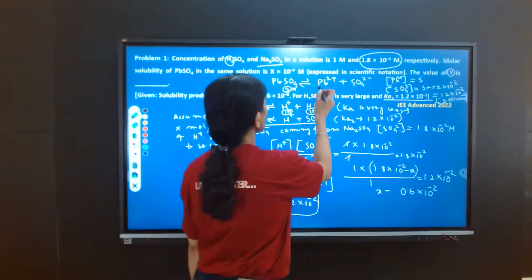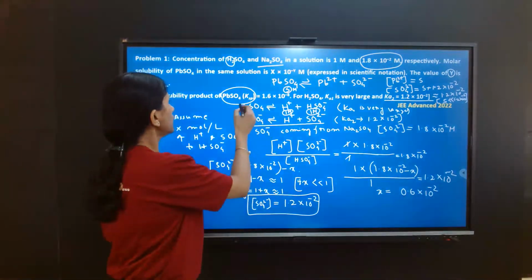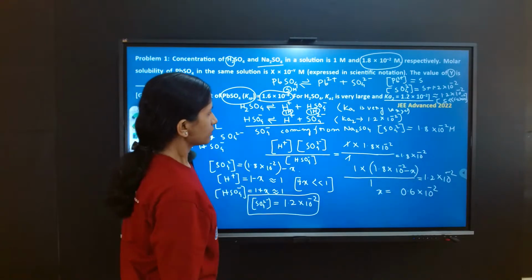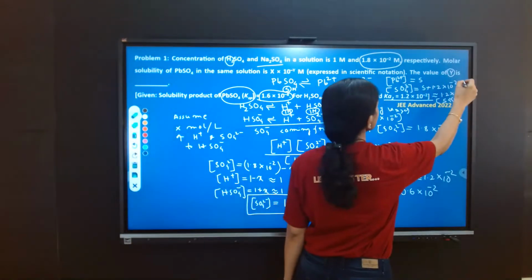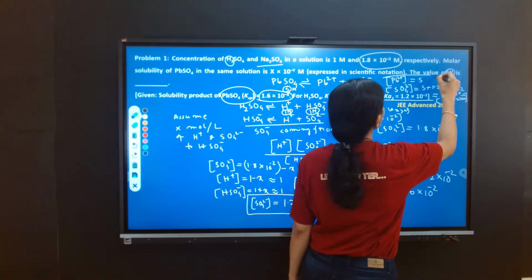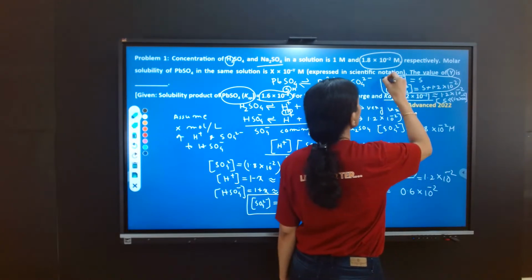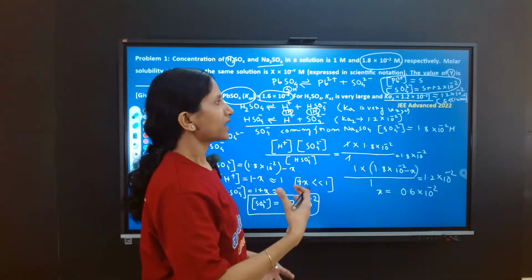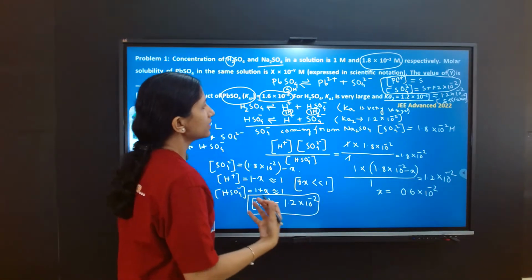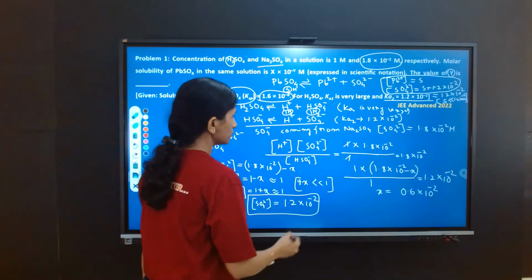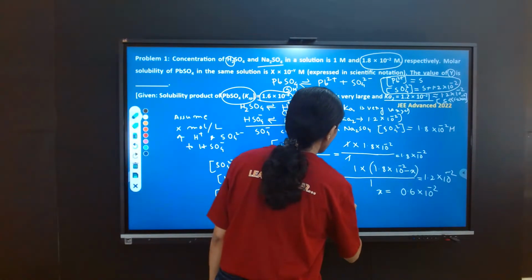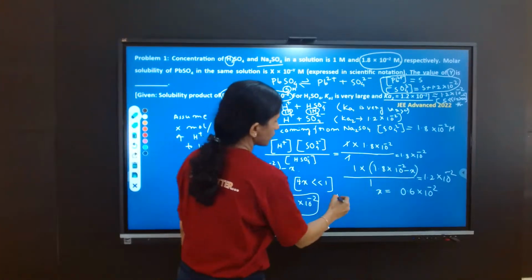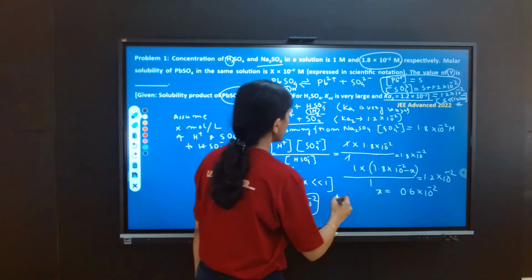So, for the solubility product of lead sulfate, which has been given in this part, we have the concentration of Pb2 plus and SO4 2 minus. We have to multiply to get the value of S, and the solubility product has been already given. So for the final part, straight from here, we are solving the final part.